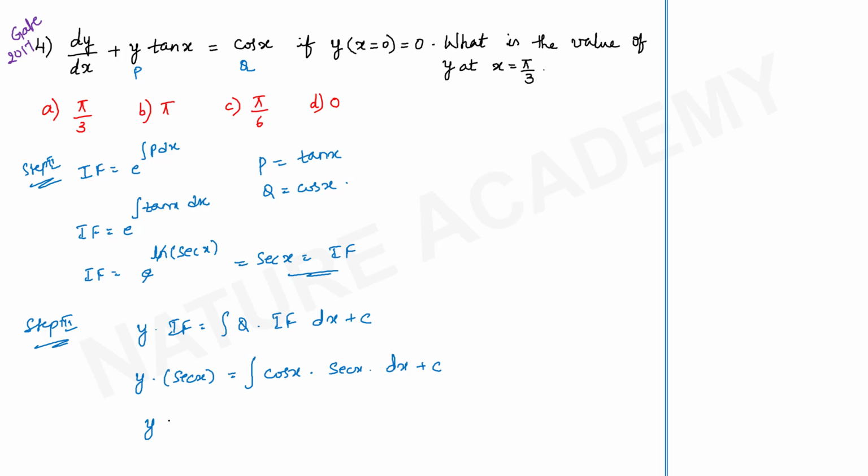Now I have y into secant x equal to integral cos x into secant x, I can write it as 1 by cos x, into dx plus c. My cos x and cos x will get cancelled and my equation will become y into secant x is equal to integral dx plus c, or y into secant x is equal to x plus c.